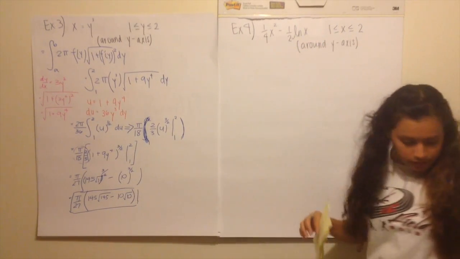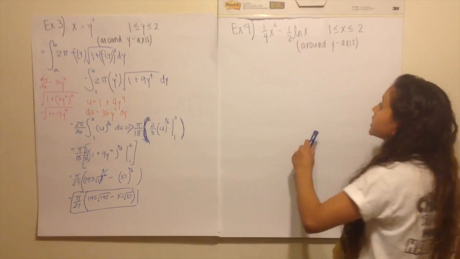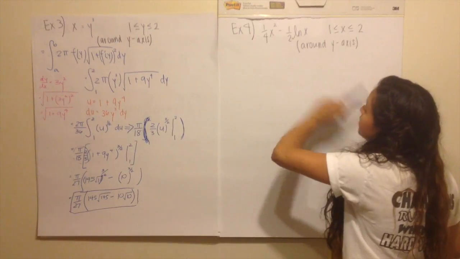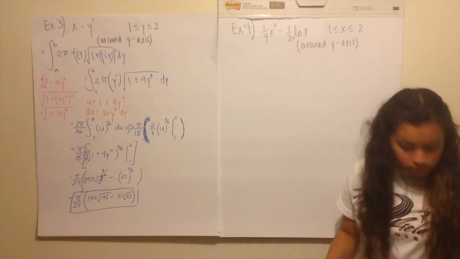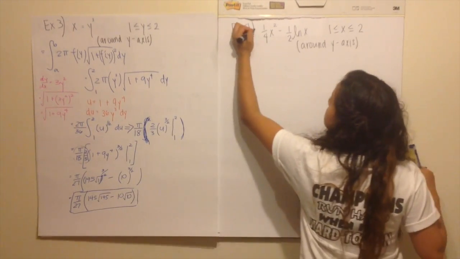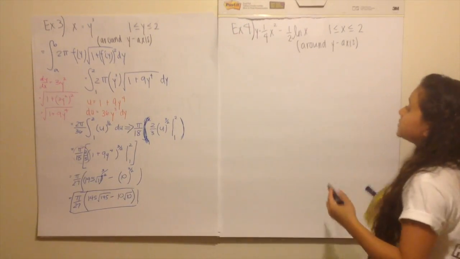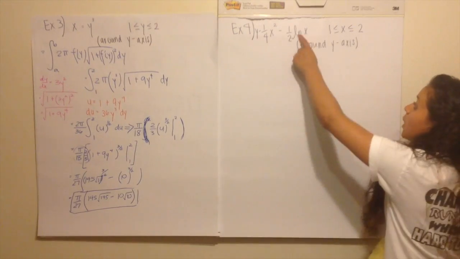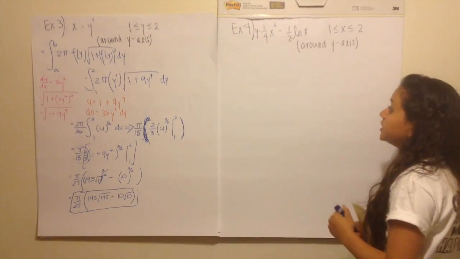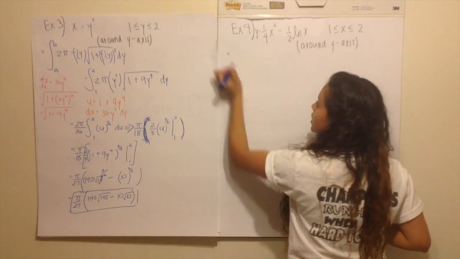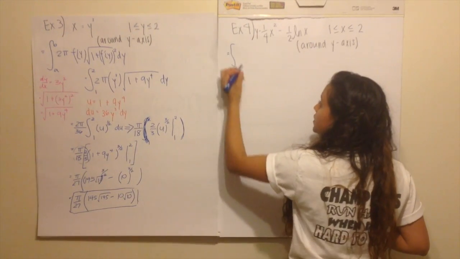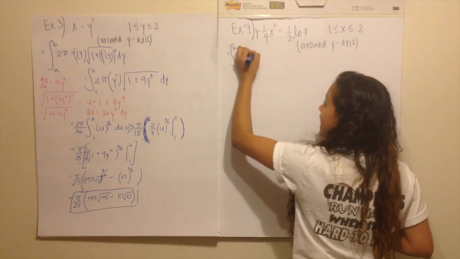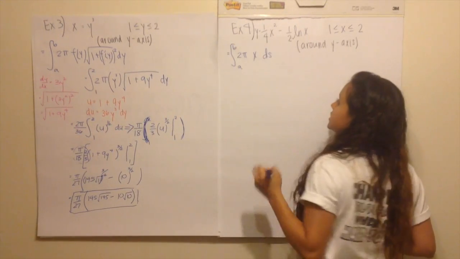Okay? So if you take a look, it's revolving around the y-axis, but the function is in terms of x, and our interval is in terms of y. So they're opposite of each other, and because of that, we're going to use our alternative formula, which is the integral from a to b of 2 pi x ds.